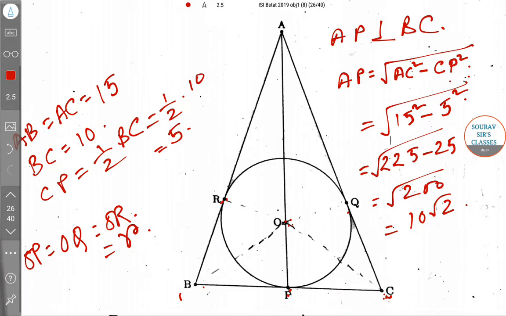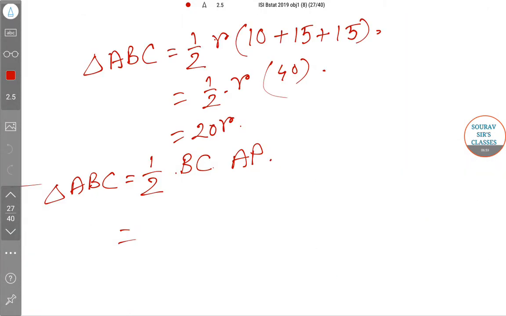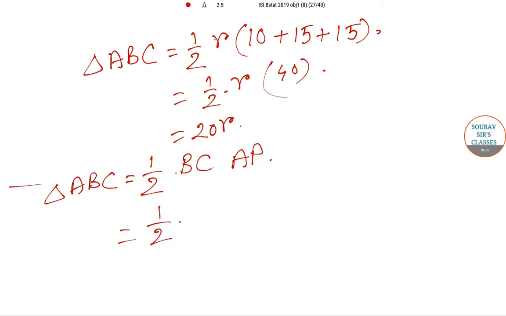Now it is half the BC, 10, into 10 root 2.